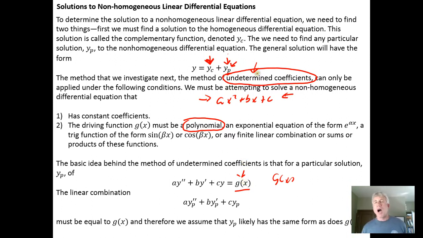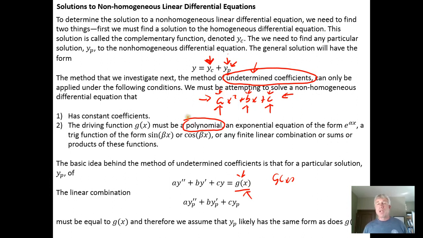And then undetermined coefficients means we need to figure out what these coefficients are that give us the particular solution. If the equation is equal to a second degree polynomial, the solution is probably going to be a second degree polynomial, but we need to figure out the values for a, b, and c that solve the equation.